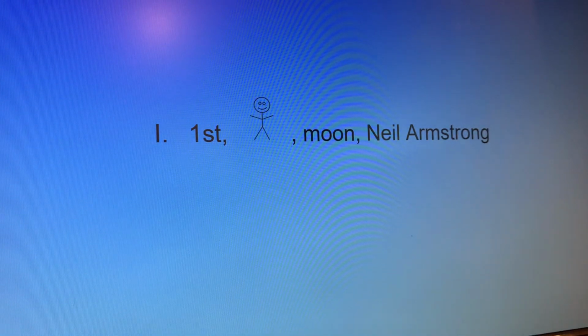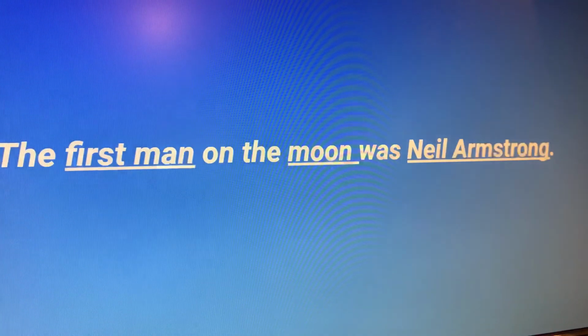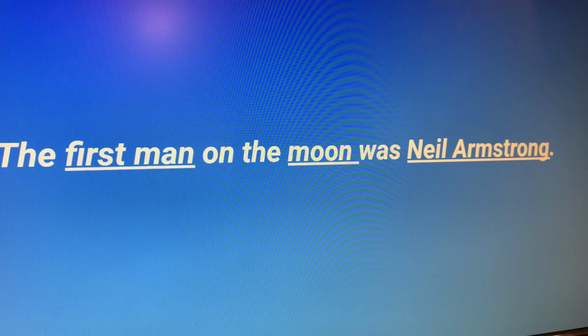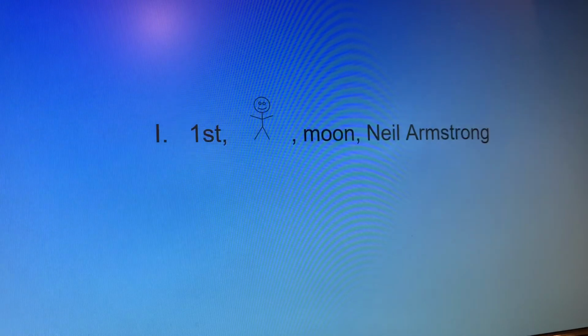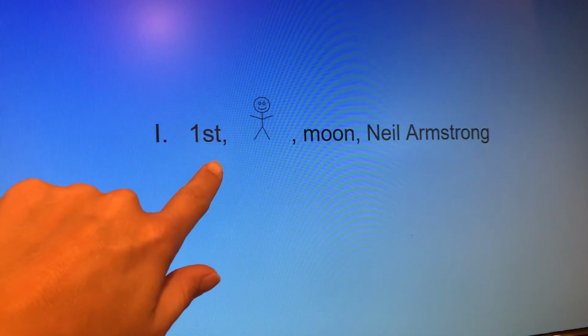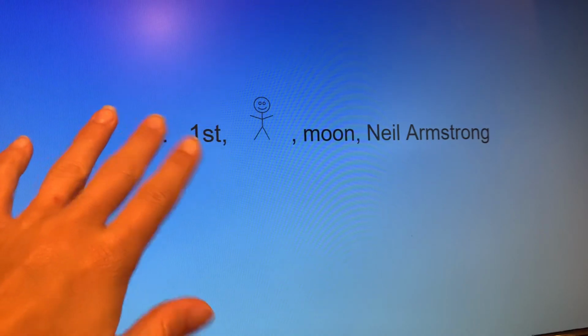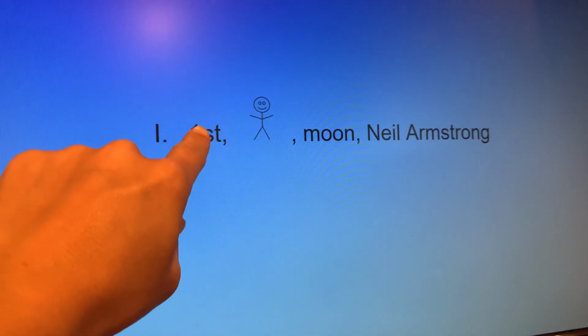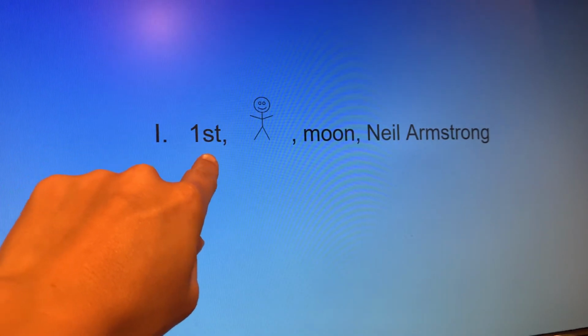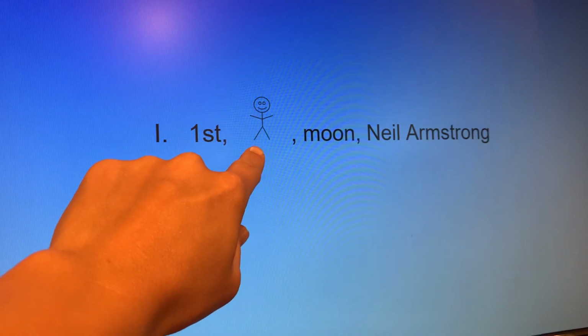Now, I put this slide in here because if you'll notice, first man, moon, Neil Armstrong, again, those are more than 3 words. That's 5 words that we just underlined. So how do you take that and put that into your outline? Well, here's an example. First is an abbreviation. I'm not writing out the word first, so that's allowed for a symbol or abbreviation. And here I've got a little stick figure of a man.